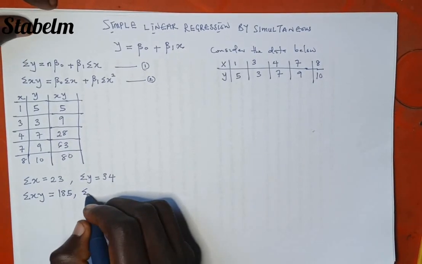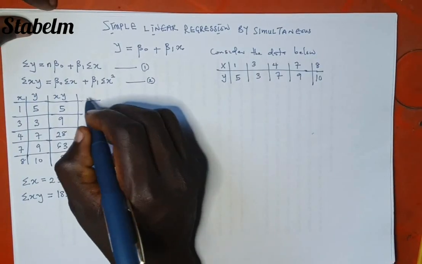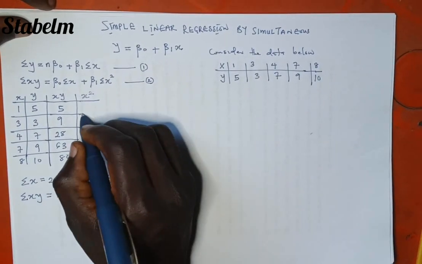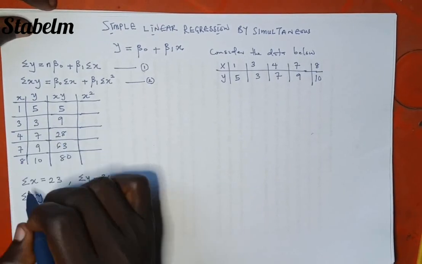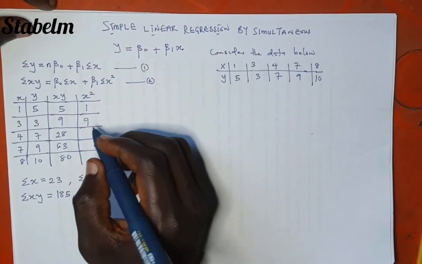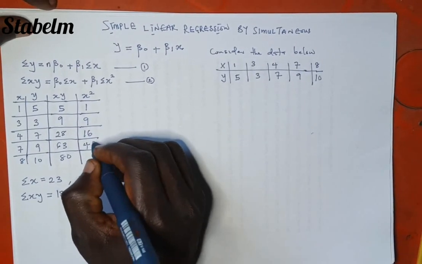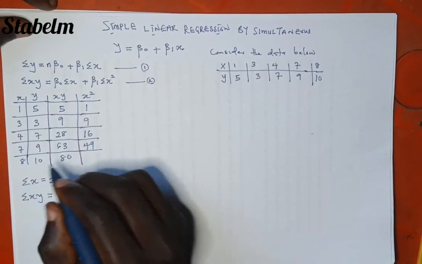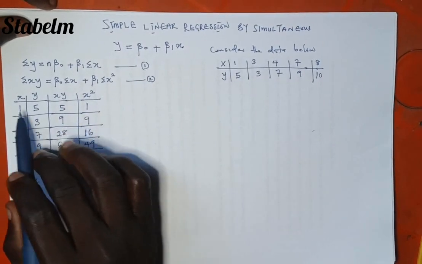Then we need summation x squared. Right from here, we need x squared. Each value in the column of x, we are going to square it. We have 1 squared is 1, 3 squared is 9, 4 squared is 16, 7 squared we have 49, and 8 squared we have 64. We got these from this column.